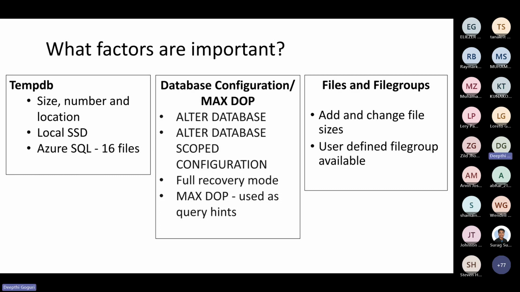You can use MAXDOP as a query hint regularly on on-prem SQL servers, but with Azure and with the Query Store feature, there is something known as Query Store hints, where you do not have to change any underlying code of your query, but still fix the query very quickly by using these Query Store hints. Again, we are going to talk about that in the coming slides as well as in our demo. And regarding the files and file groups, you can add and change the file sizes, and in Azure you can still use the user defined file groups.